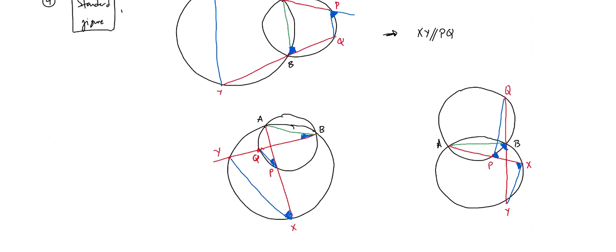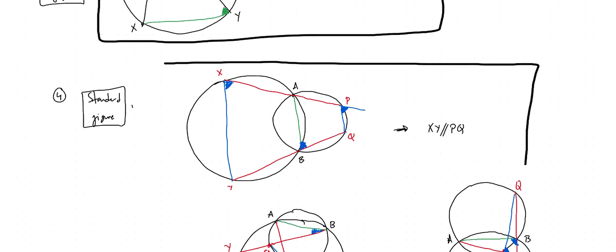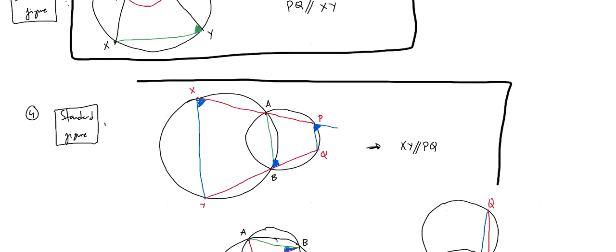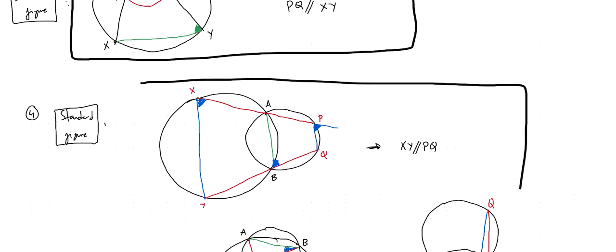I want to put this into a box. One common way that we use it is, as I said, it doesn't always come in the form of two circles. It usually comes like one circle, ABXY, okay?